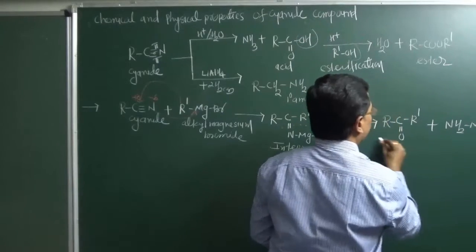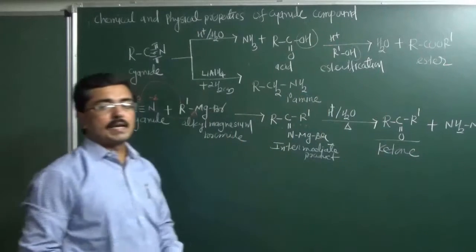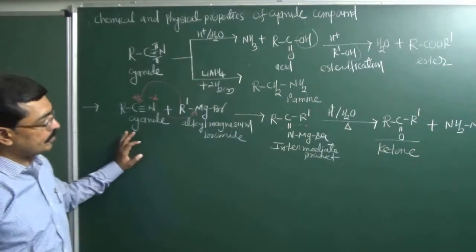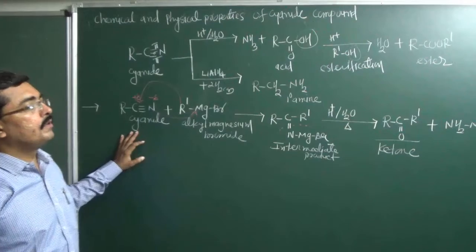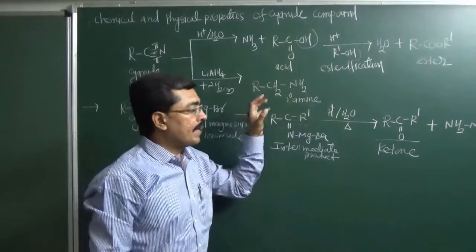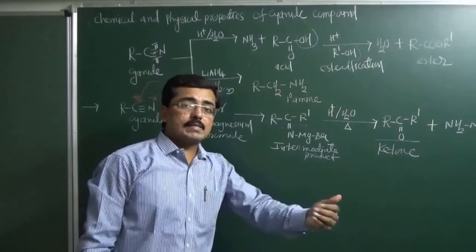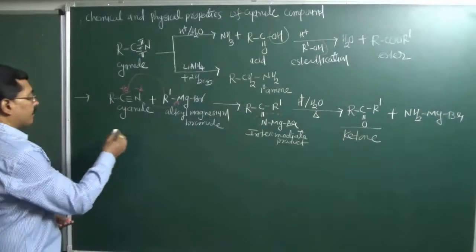Now whatever main product is obtained, it possesses a carbonyl group, so it is known as a ketone. So from cyanide compound one can prepare acid, ester, amine as well as ketone. Now let's see different types of examples of this type of structure.